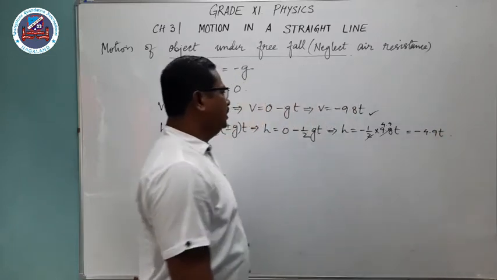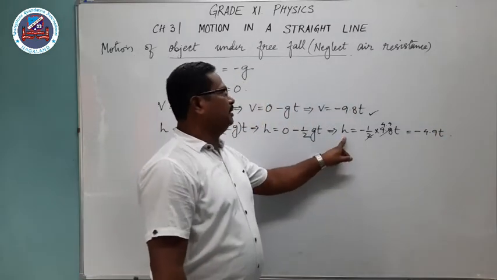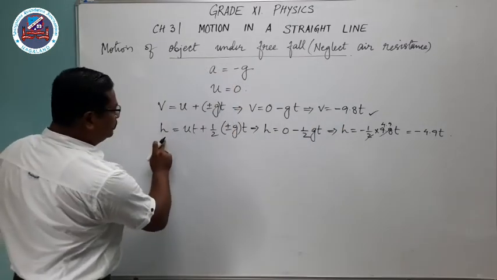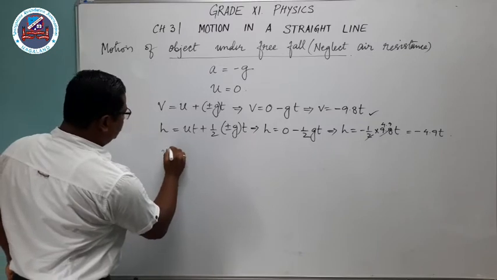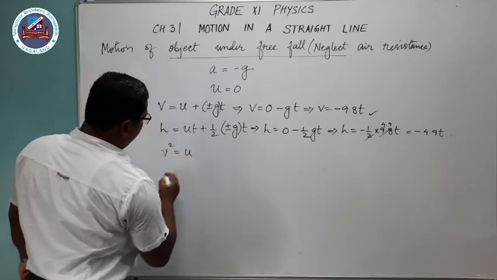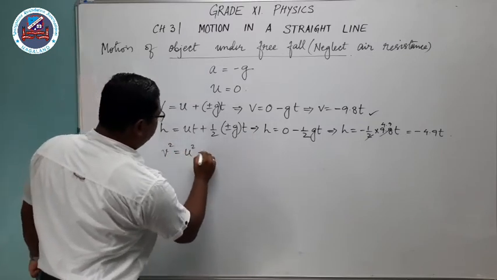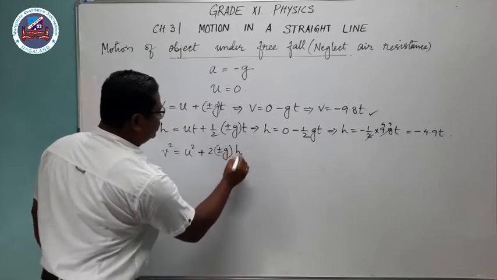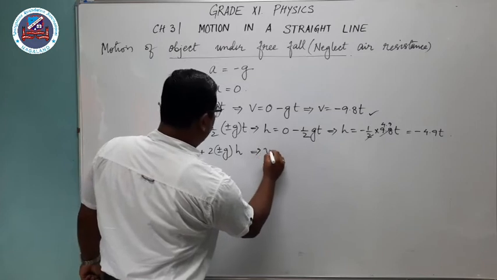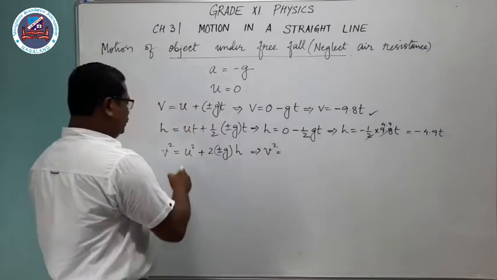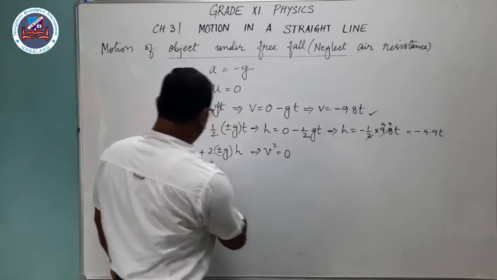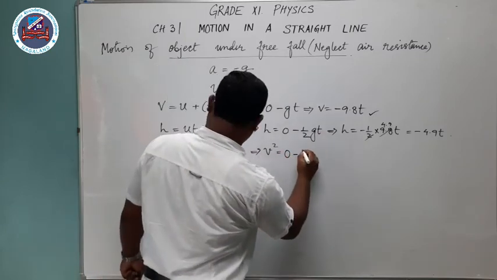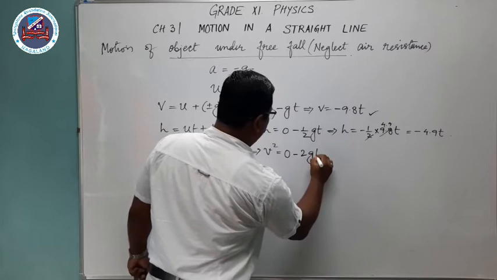This will be your formula for displacement under free fall. And the third equation of motion, v square is equal to u square plus 2 plus or minus g h, will become v square is equal to 0 plus, since the body is coming down, minus 2 times g h.